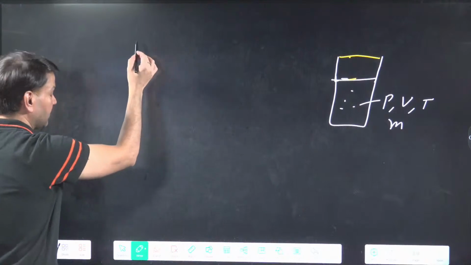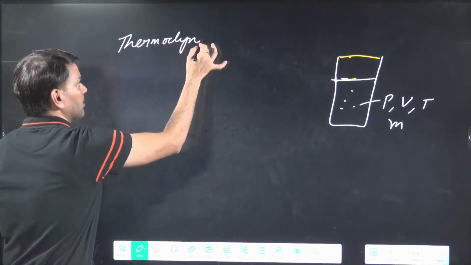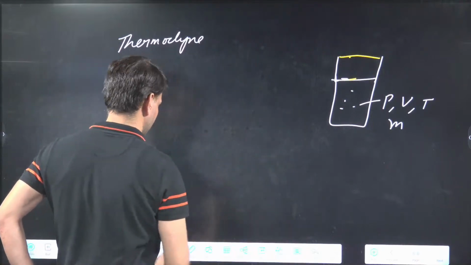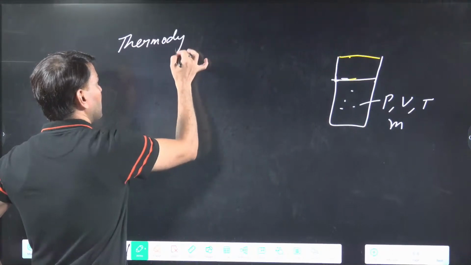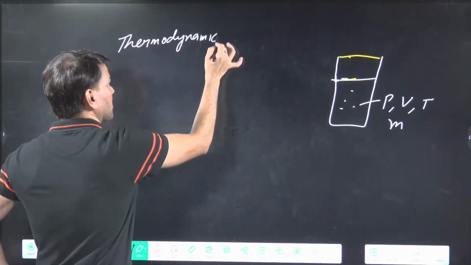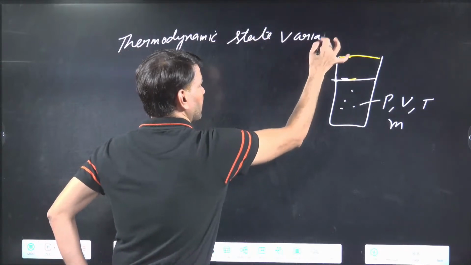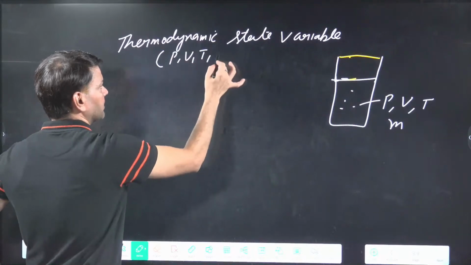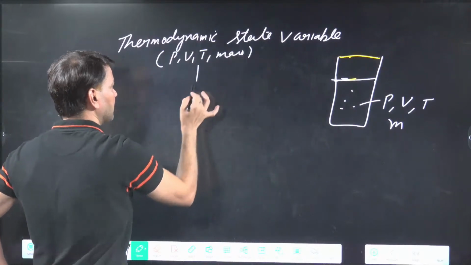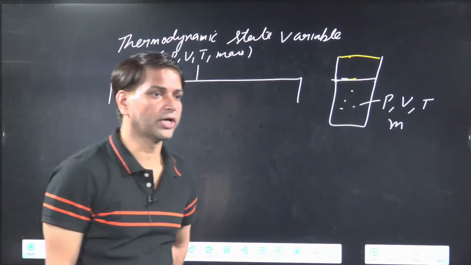Now I can say, the thermodynamic state variables, pressure, volume, temperature and mass, we can categorize into two types.